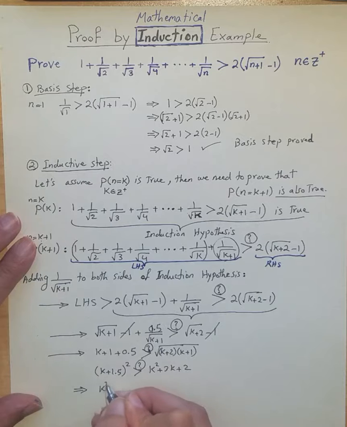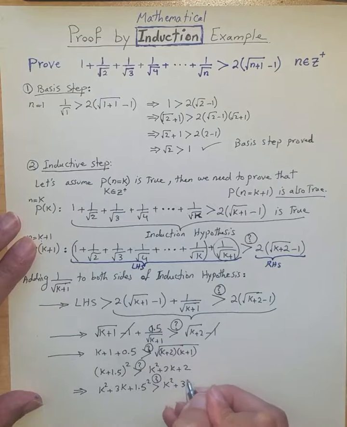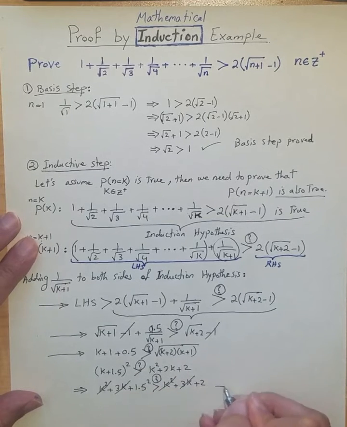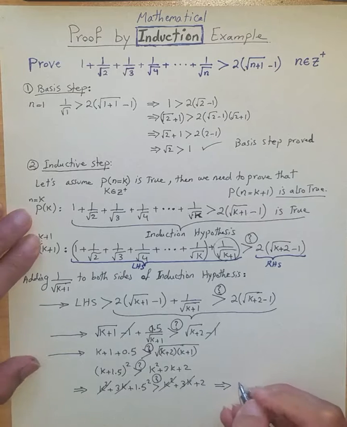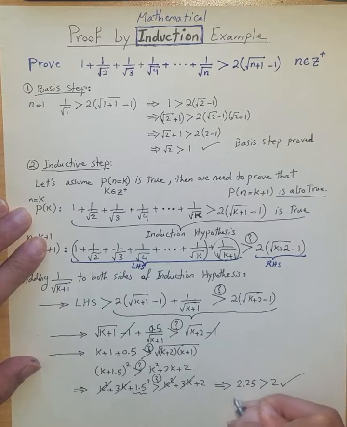I get k squared plus 3 times k plus 1.5 to the power 2 greater than k squared plus 3 times k plus 2. Well, these all cancel out, and we are getting, of course, 2.25 is greater than 2, which is always true.